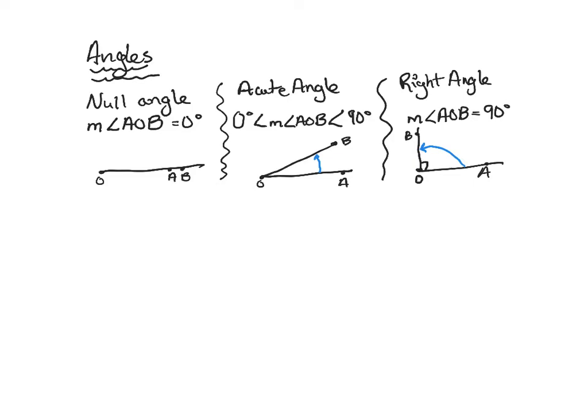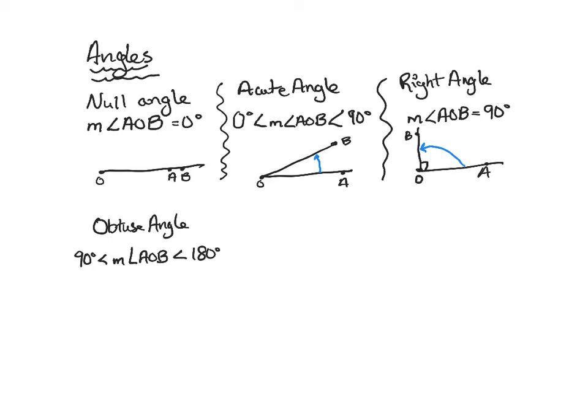The next one is an obtuse angle. An obtuse angle is greater than 90 degrees, so 90 degrees is less than the measure of angle AOB, but AOB is less than 180 degrees.